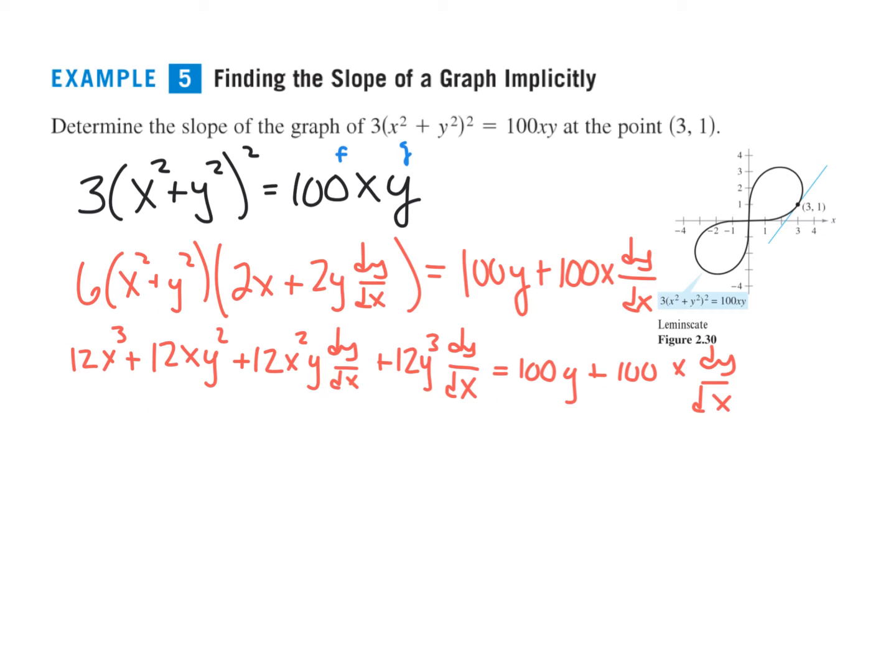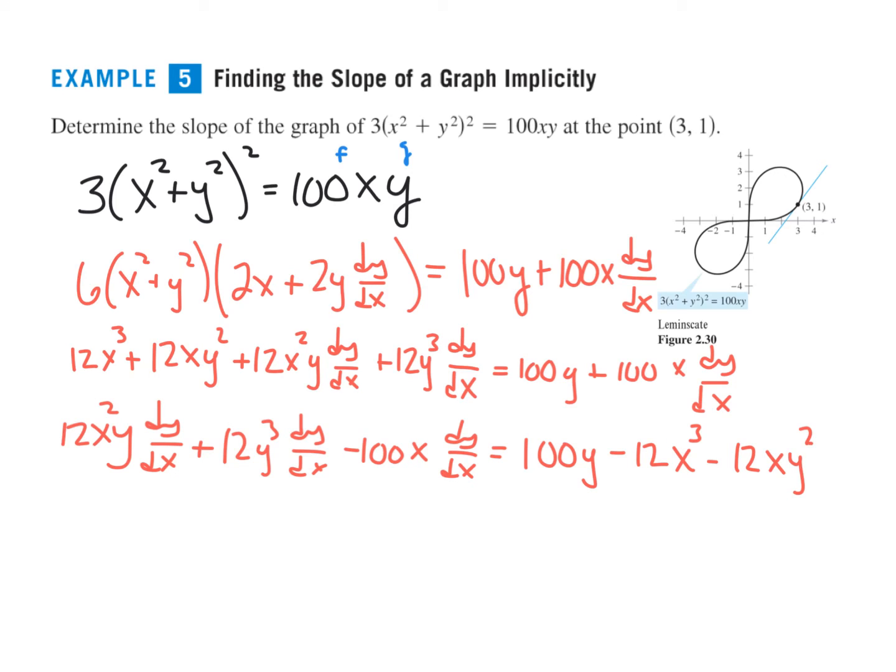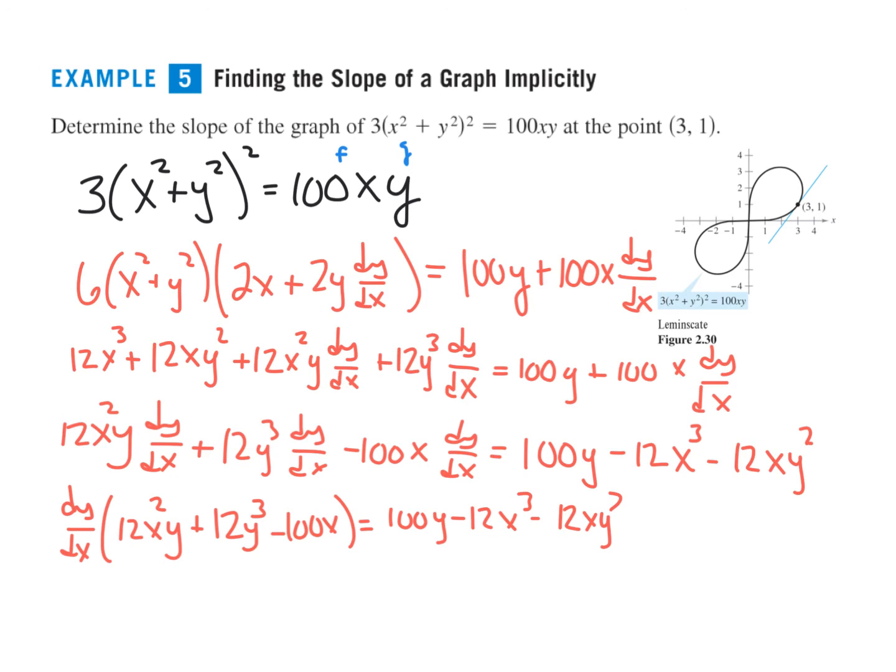So by moving that, I've ended up with 12x squared y dy/dx plus 12y cubed dy/dx minus 100x dy/dx is equal to 100y minus 12x cubed minus 12xy. Then I just factored out the dy/dx, and I'm left with this right here.